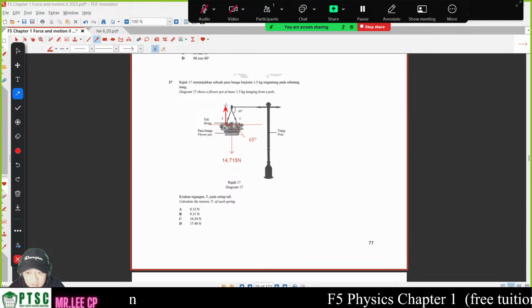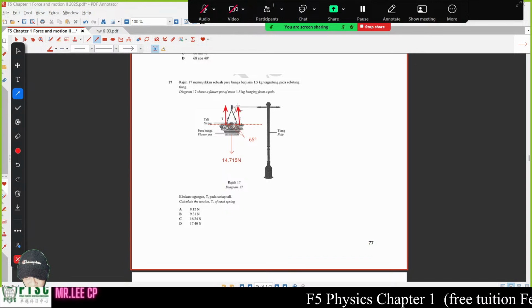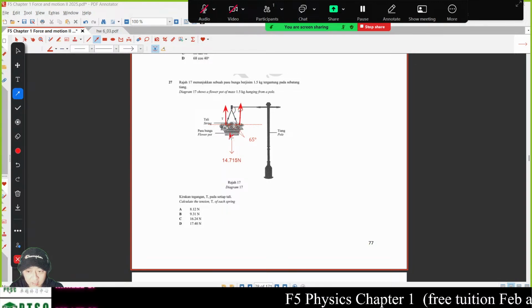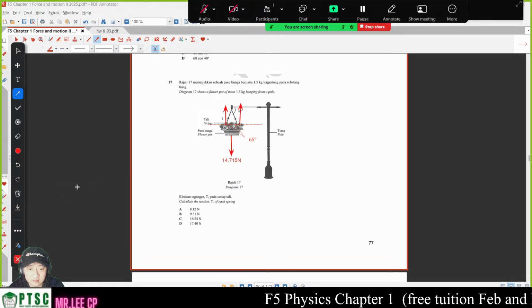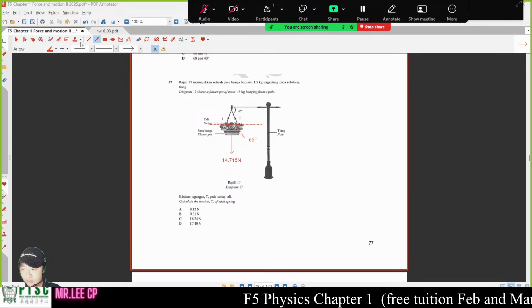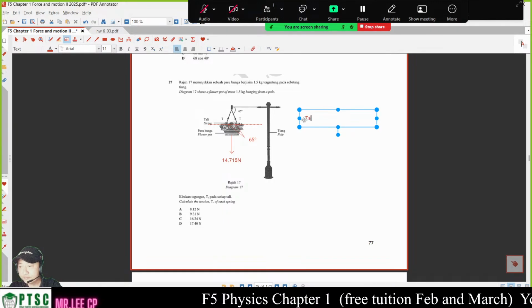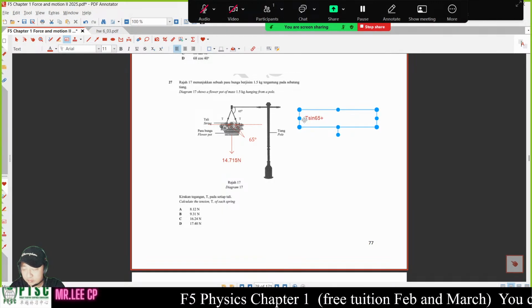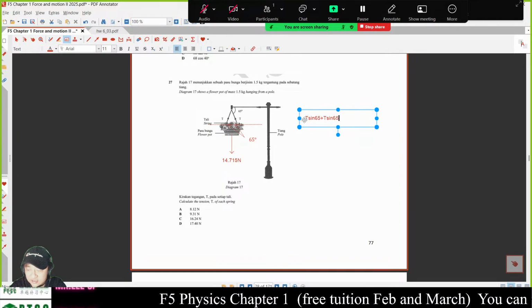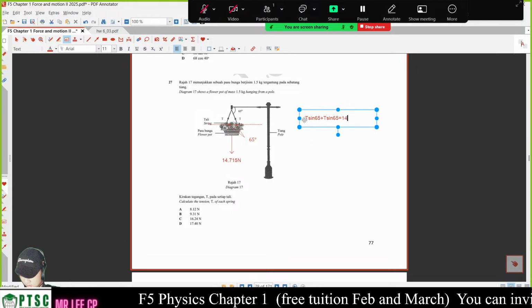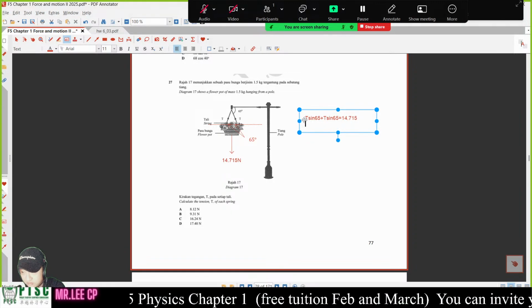T sine 65 plus T sine 65 is equal to 14.715.